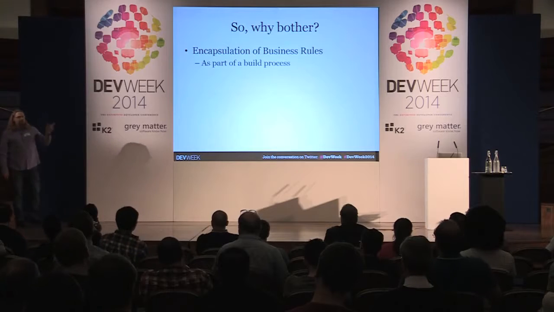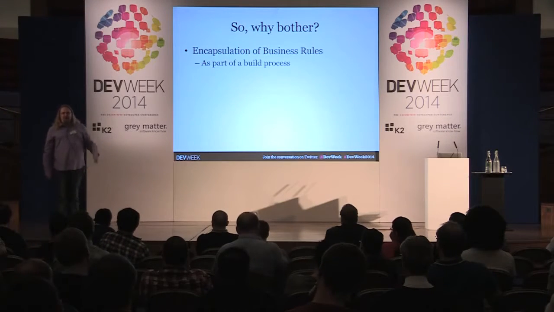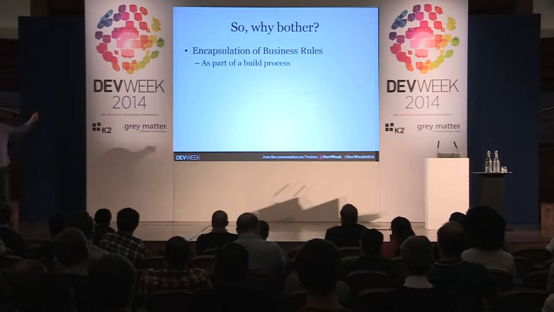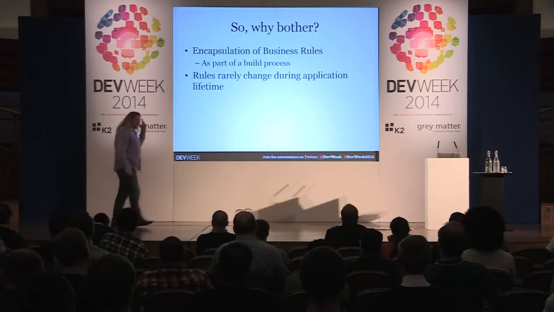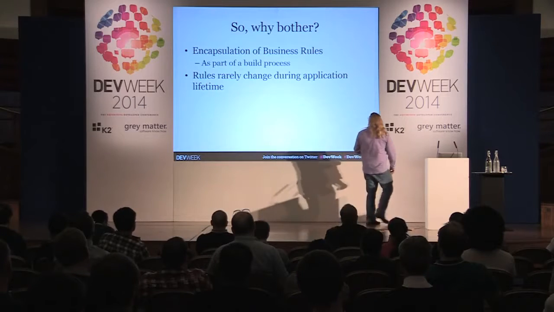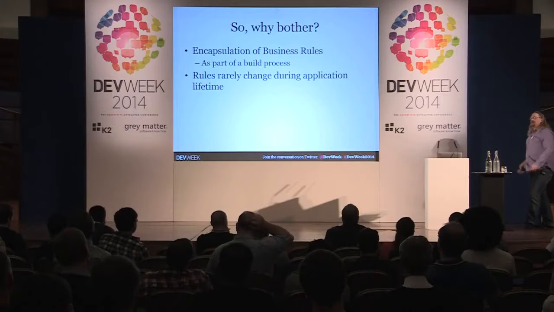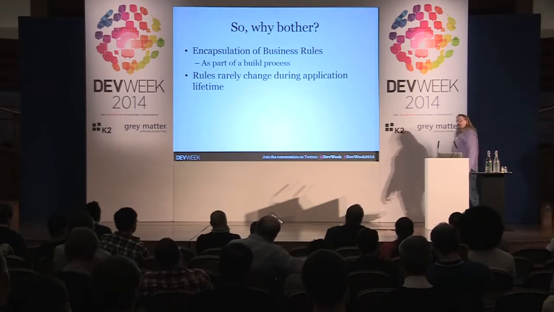Well, you could have the business rules expressed, let's say, as an XML document for your client, and use expressions to build up some rules, compile it in, and ship it as part of the application to your client, couldn't you? And as I pointed out before, rules rarely change during an application lifetime. Once rules are established, once the application's up and running, they rarely change. Okay?